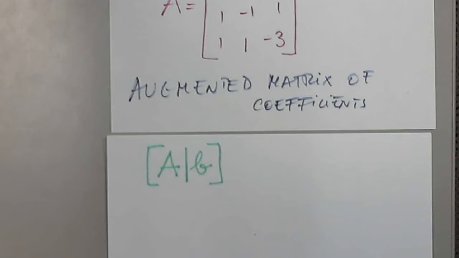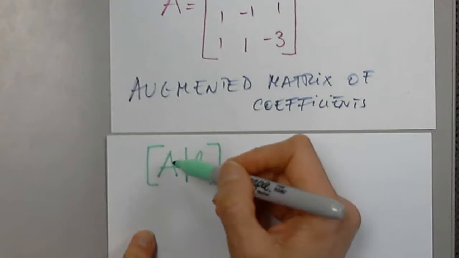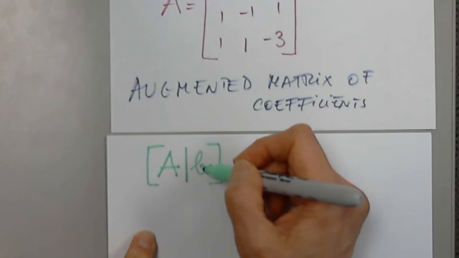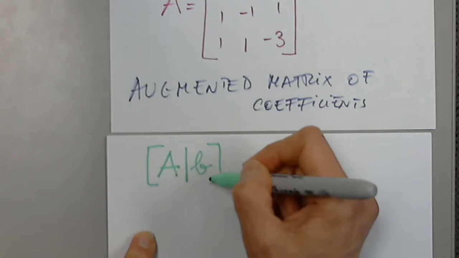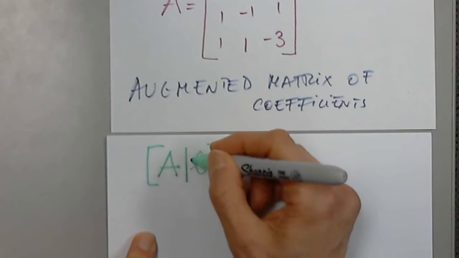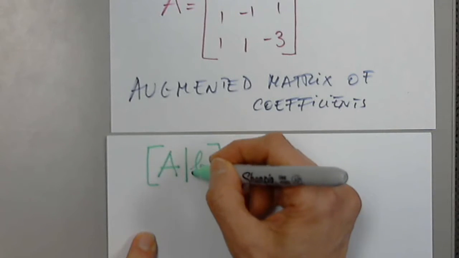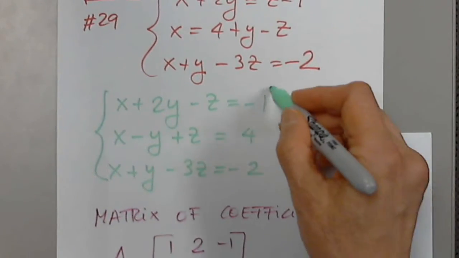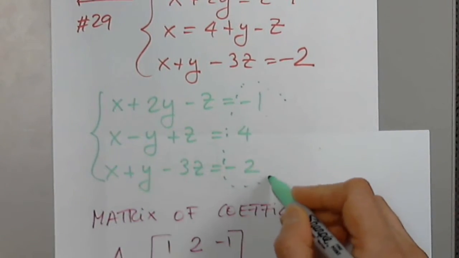What does this say? It's the matrix A augmented, meaning attached to something else. It is just another column, and that column will be this column.